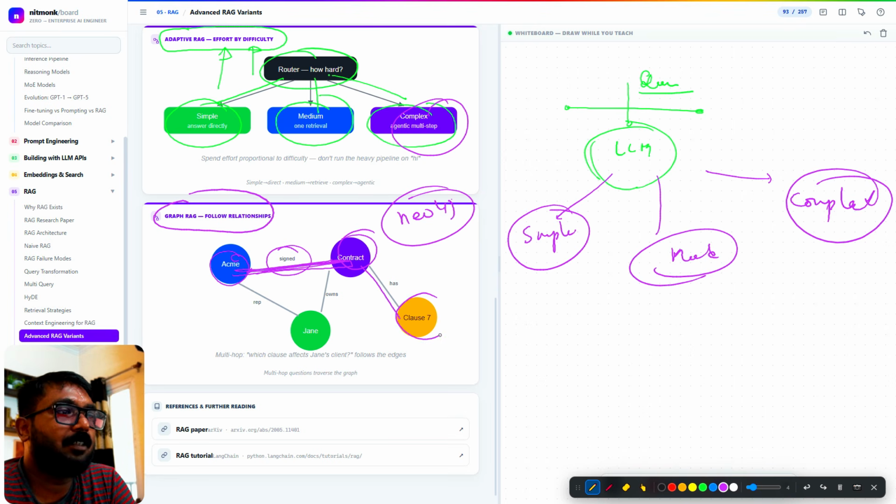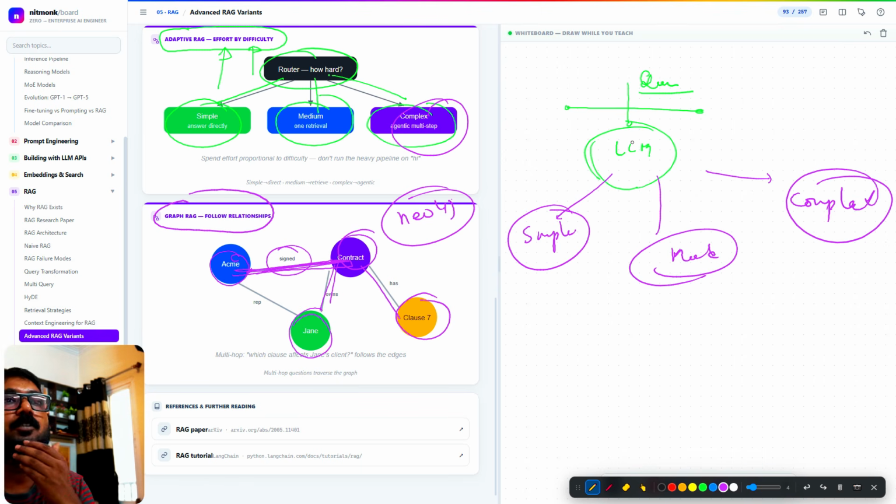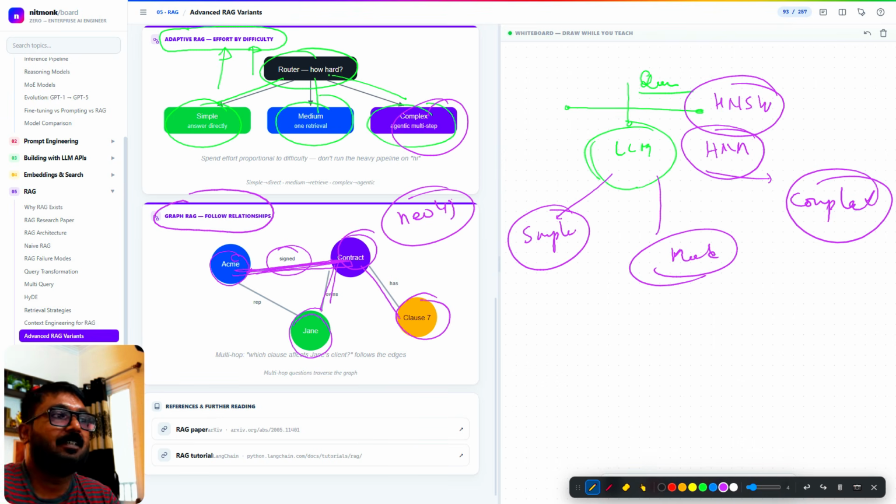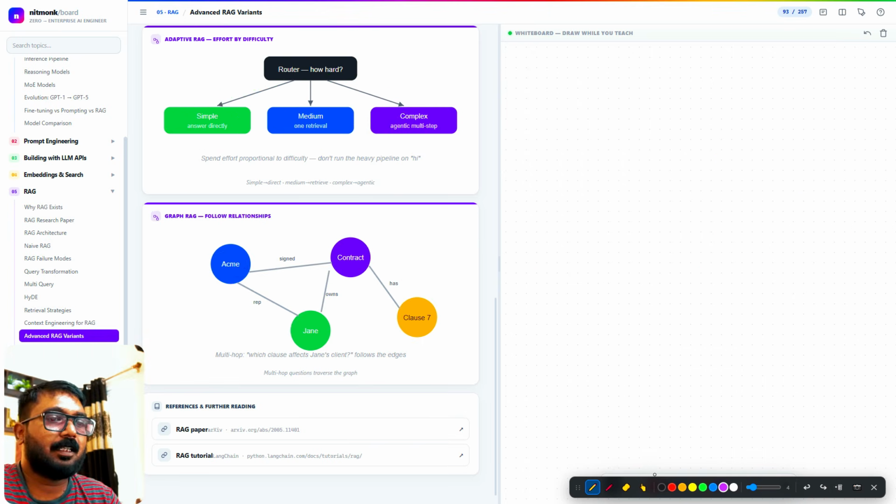Contract has clause 7, owns, and this becomes really faster and easier for LLMs to grab this information and search. Even because everything inside the RAG is HNSW and other ANN algorithms that are applied to do the partitioning, build a centroid and get the answer. Here we have the edges also identified. So this is another RAG.